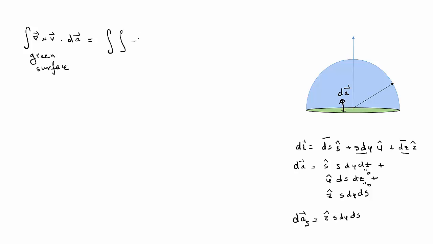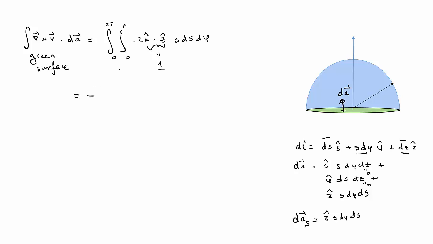Curl of v is minus 2 k hat dot z hat s ds d phi. And look at my notation here. This is exactly the same thing, so it's 1 unit vector. Phi, as always, goes from 0 to 2 pi. And this s goes from 0 to the radius of the circle, which is r.